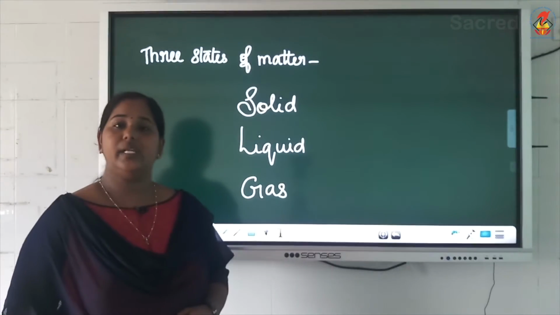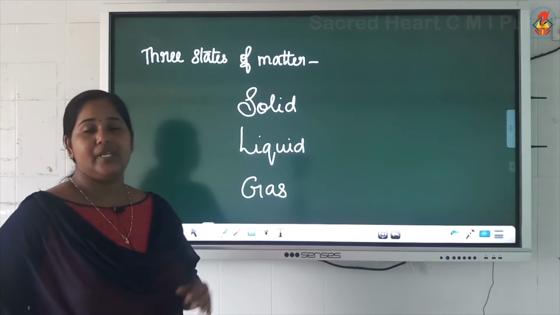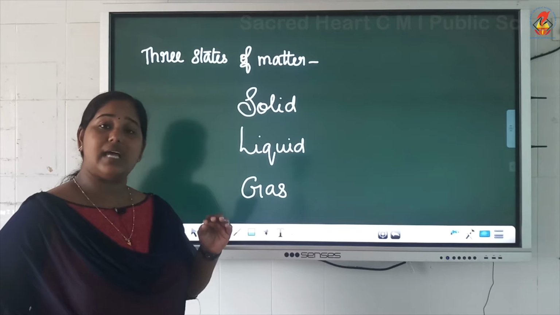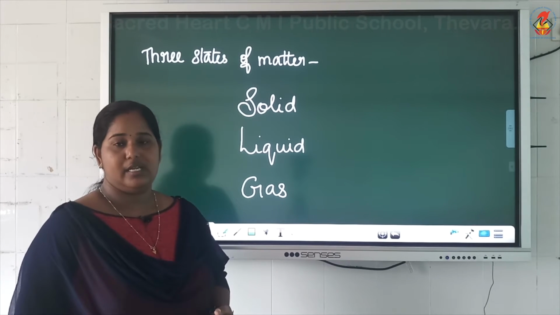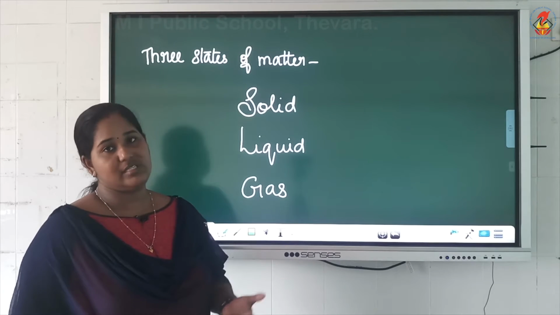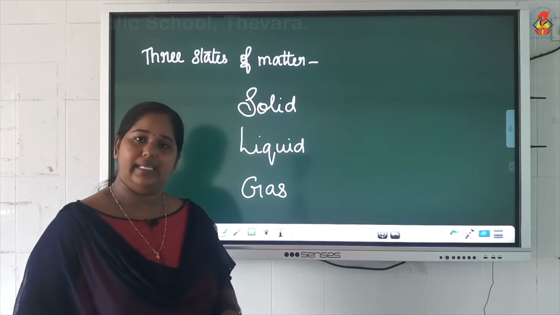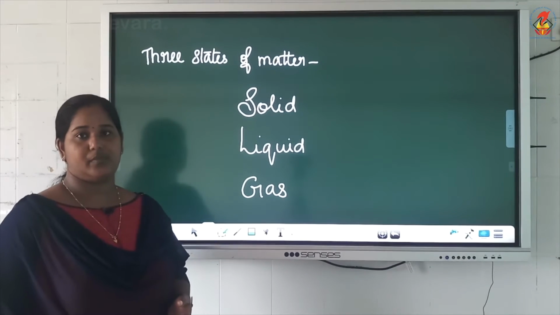Solid, liquid and gas. These are the three states of matter in which the molecules are arranged in a different way. So here we are going to study in detail about what is a solid, liquid and a gas and how molecules are arranged in them.